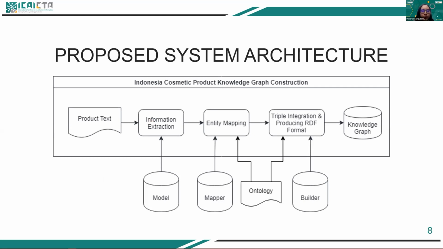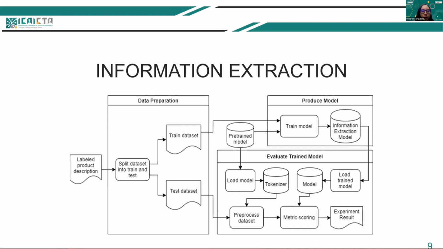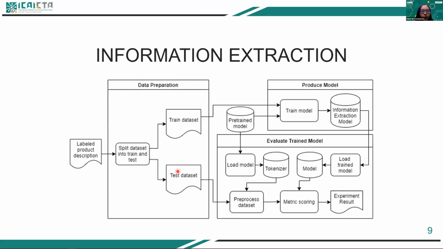As you can see, this is the part of the information extraction. The product text being used will be split into 2 datasets, to train and to test. The train dataset will be used for training the model, and the test dataset will be used to evaluate the experiment.